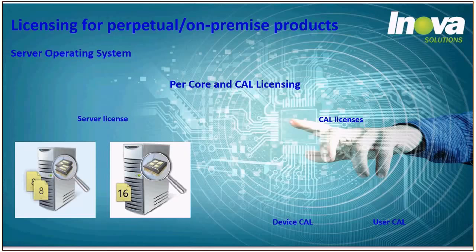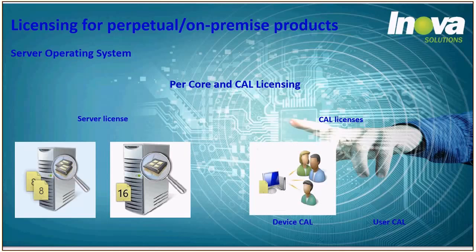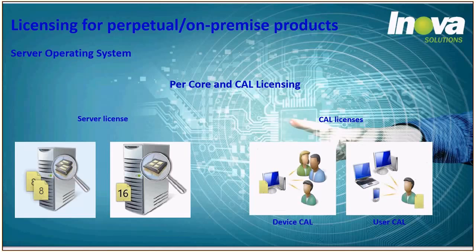Along with purchasing the server license, you also need to purchase CAL licenses. So what is a CAL? A CAL is a client access license for either devices or for users. And the CAL allows the client to access the services of the server. So a device CAL is assigned to the device.